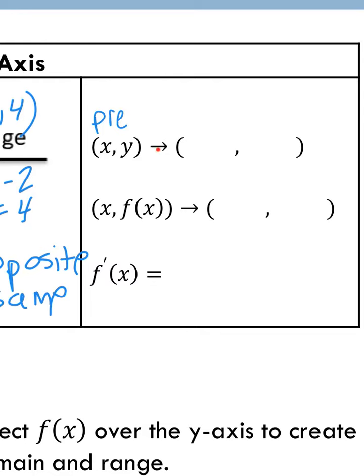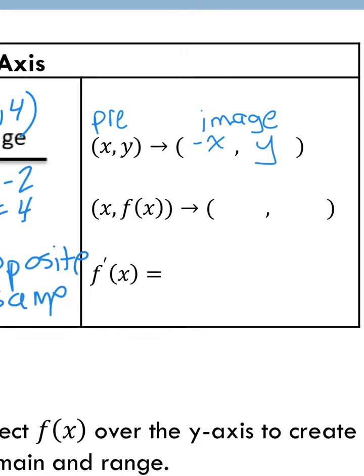That gets mapped to or transformed to our image coordinates, so our output after transformation. And as we just saw, if we're going over the y-axis, our x turned into the opposite and our y stayed the same. So in this case, we would show that x as an opposite using -x.